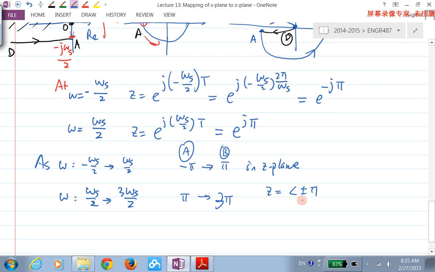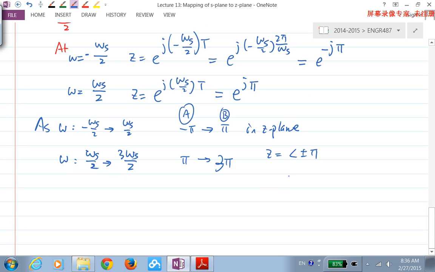Now, what do positive and negative pi mean in terms of the response? This is theta, and when you move back to the discrete sequence, it's actually cosine theta times k.